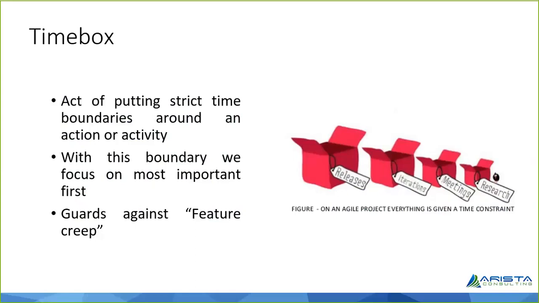I have already planned to deliver 10 things such that it fits into the time span of 1 month. Now you are giving me something additional. What do I do? I'll have to drop off something. I cannot deliver these 2 additional things. So that is where the feature creep is guarded by this time boxing.